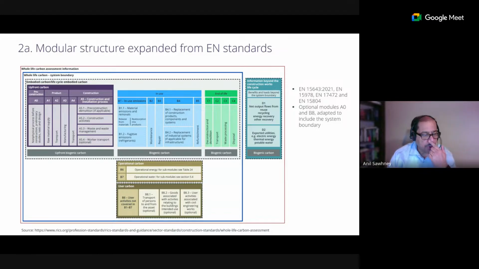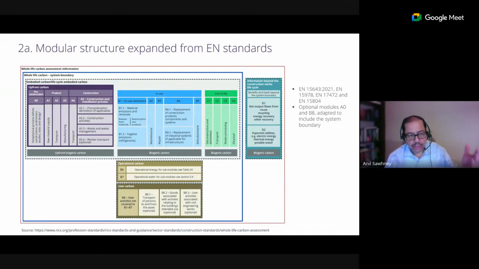It can be further broken down into A5.1, any emissions resulting from demolition, if applicable in your project. A5.2, from all construction activity: pouring concrete, painting, perhaps lifting materials, excavation, everything. A5.3 is from waste and waste management. Typically, you have waste factors.